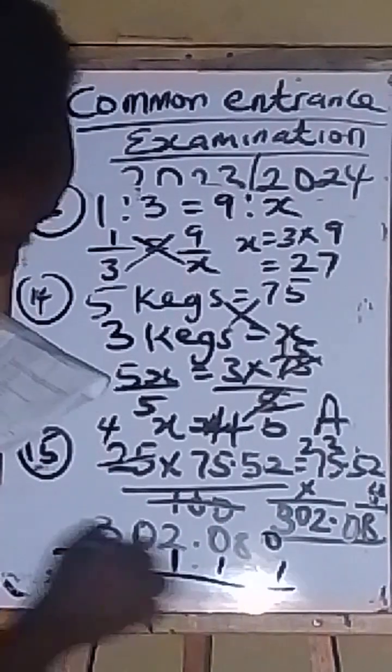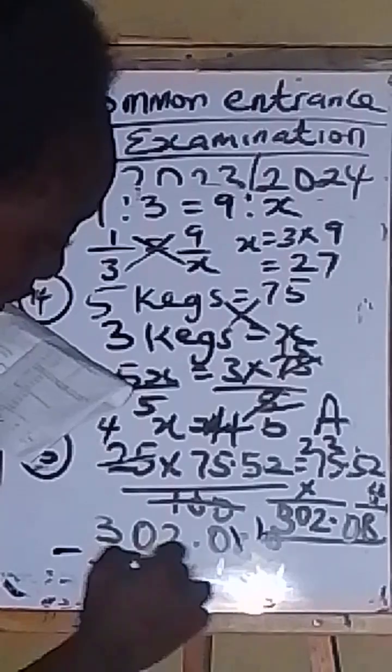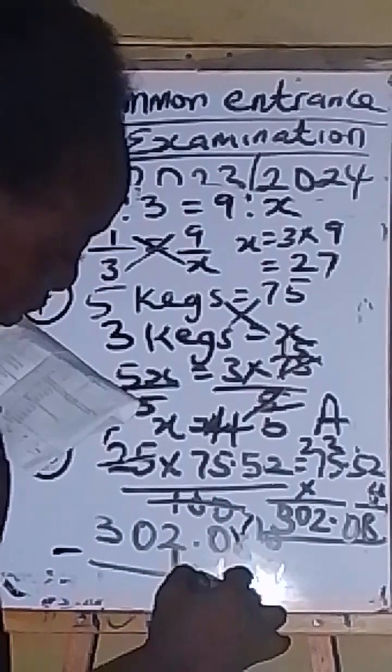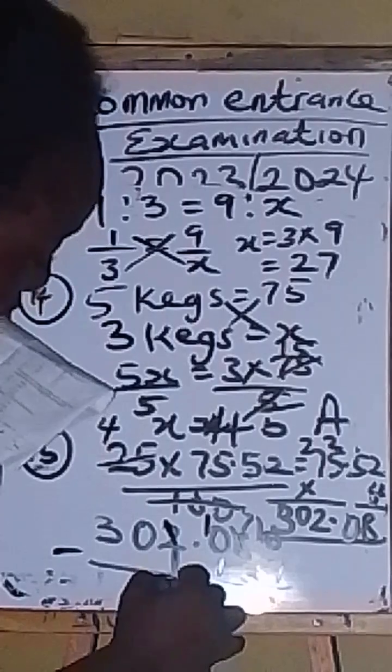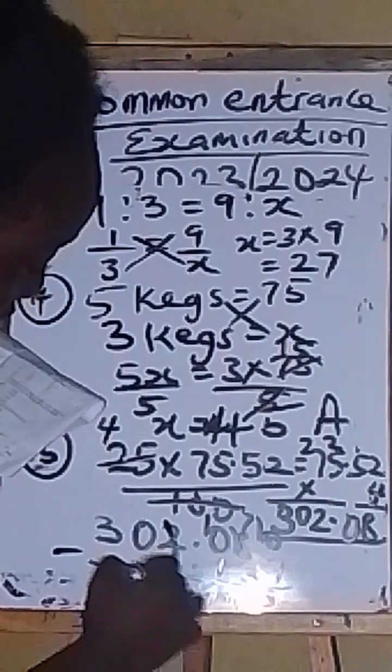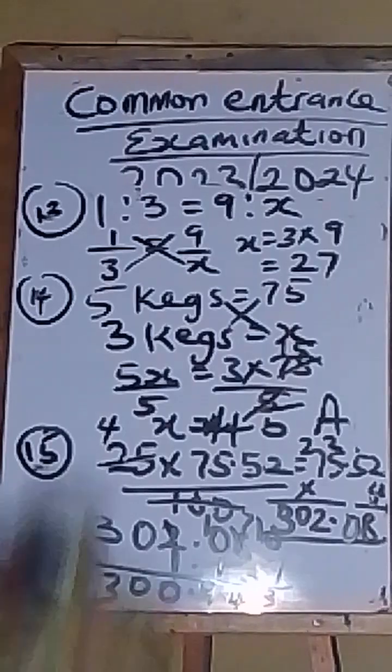We have a 0. Subtract. Borrow 1 here, we have 3. 7 minus 3, 4. Borrow 1 here. We have 9.003.